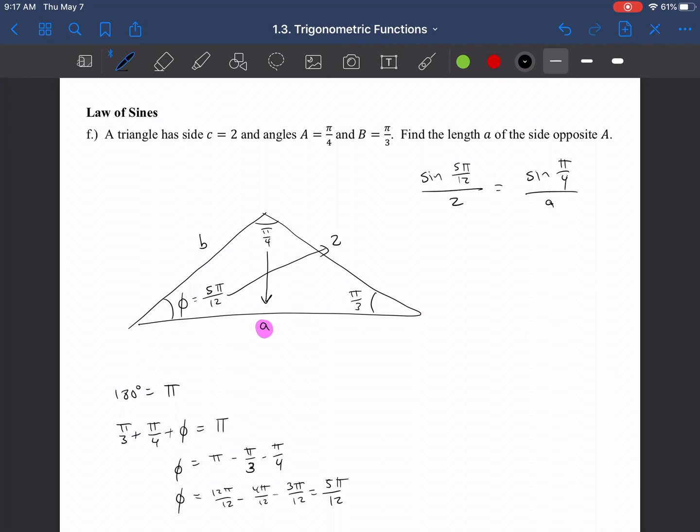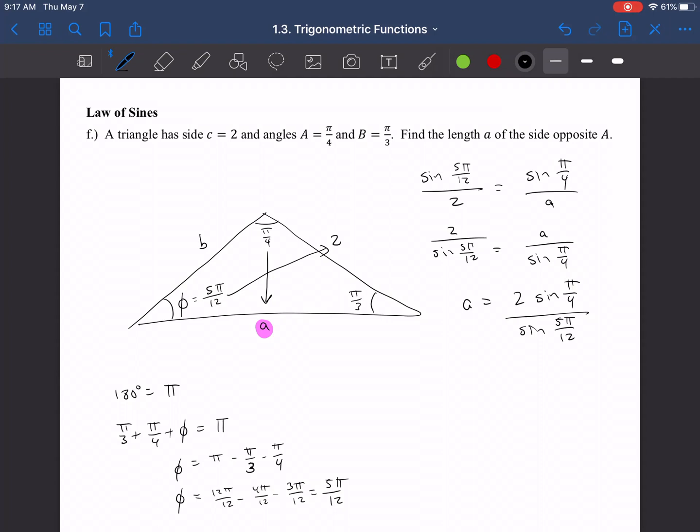I can take the reciprocal of both sides, just to get that A out of the denominator. And we get A equals 2 times the sine of pi over 4 divided by the sine of 5 pi over 12.